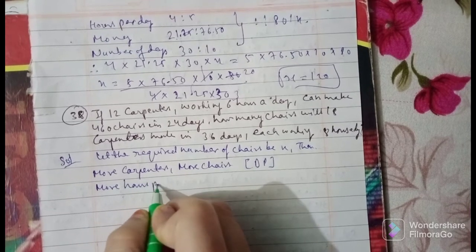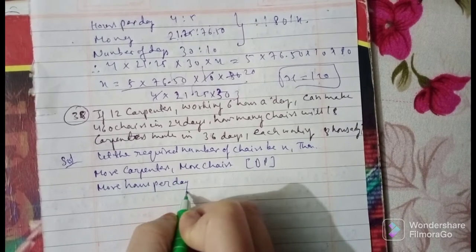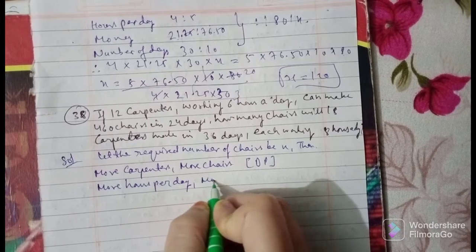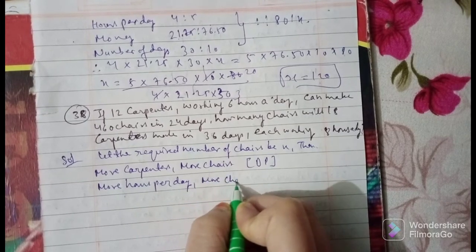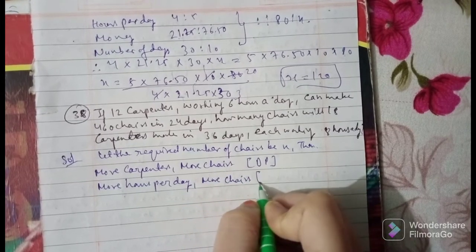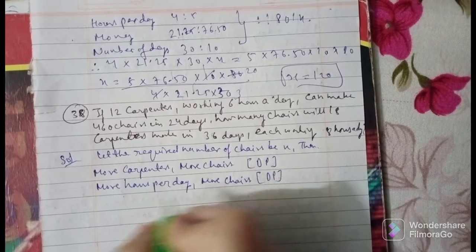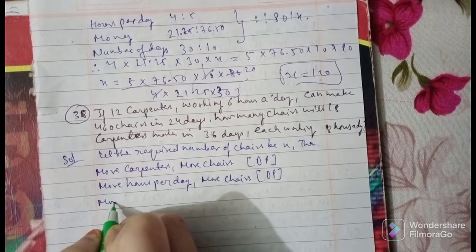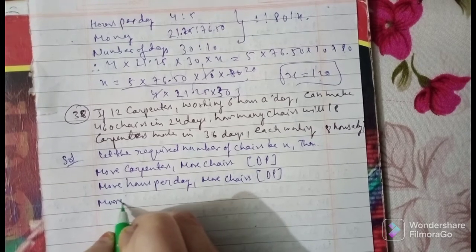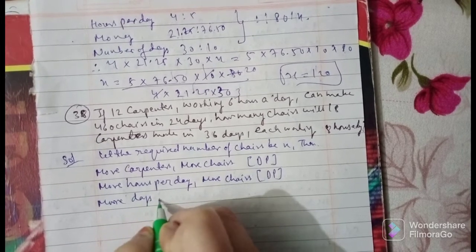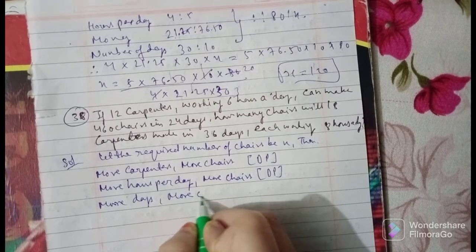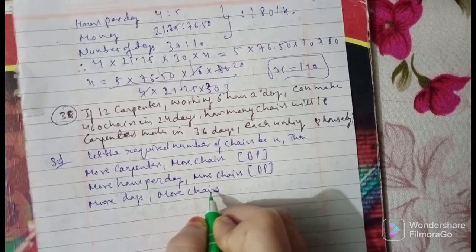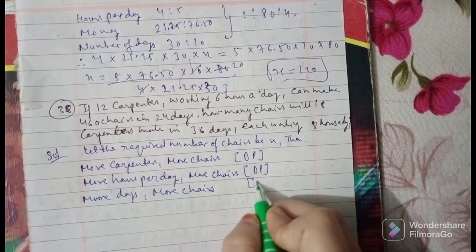More hours per day, more chairs, direct proportion. More days, more chairs, direct proportion.